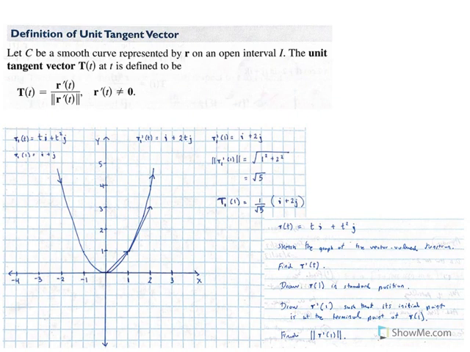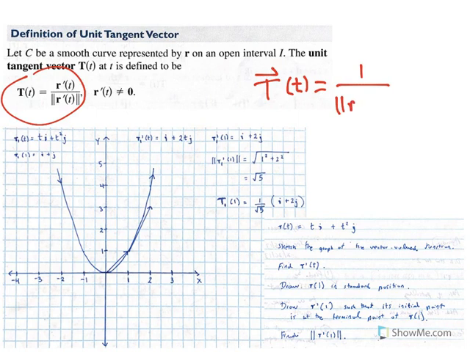To find the unit tangent vector function for our activity problem, we would simply use this definition, and the unit tangent vector is 1 over the magnitude of r prime of t multiplied by r prime of t, provided that the vector r prime of t is not the 0 vector.